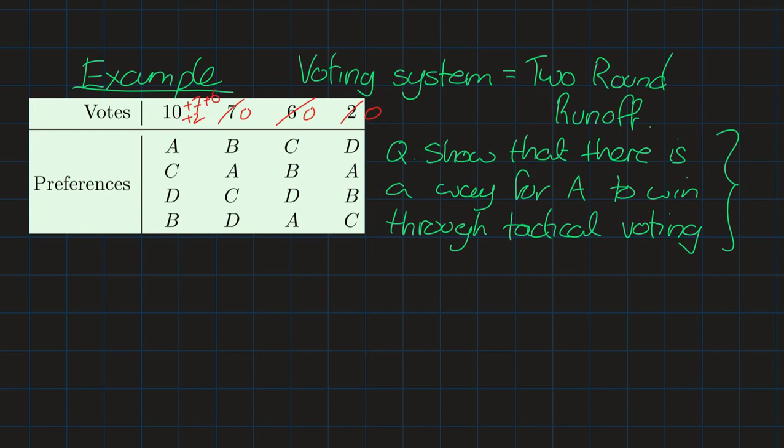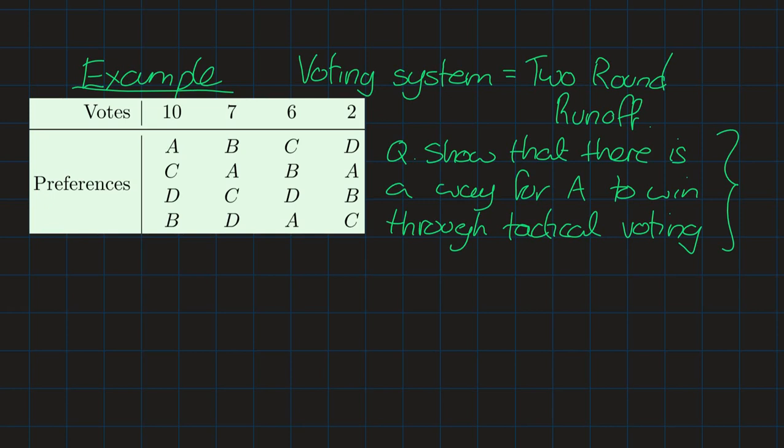That's just telling other people to vote for A. Tactical voting, remember, is when someone votes insincerely with the hopes of changing the election results to something which they prefer more. So you can't just move these 7 people over here, because unless that changes the outcome to something which they prefer more, that's not tactical voting.